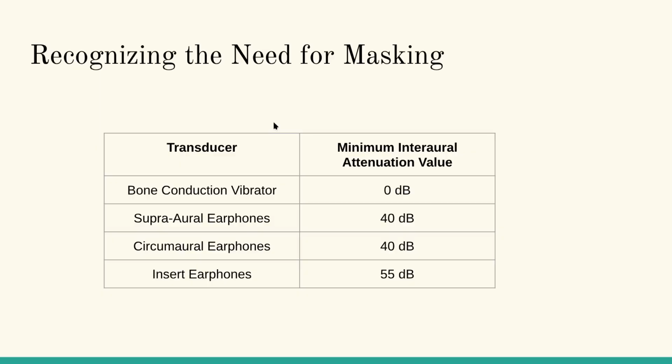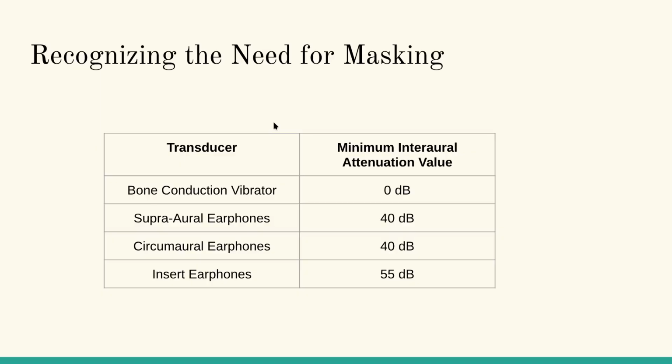So these are the minimum interaural attenuation values for masking. 0 dB is the minimum interaural attenuation for bone conduction testing. In the real world, it might be 5 to 10 dB for high frequencies, but theoretically it's 0 dB, and these will often vary depending on the frequency, but we usually use one single number.